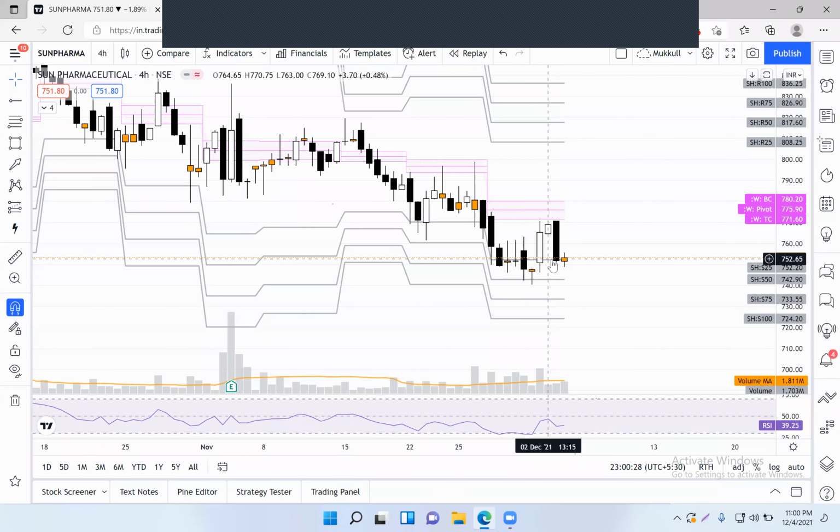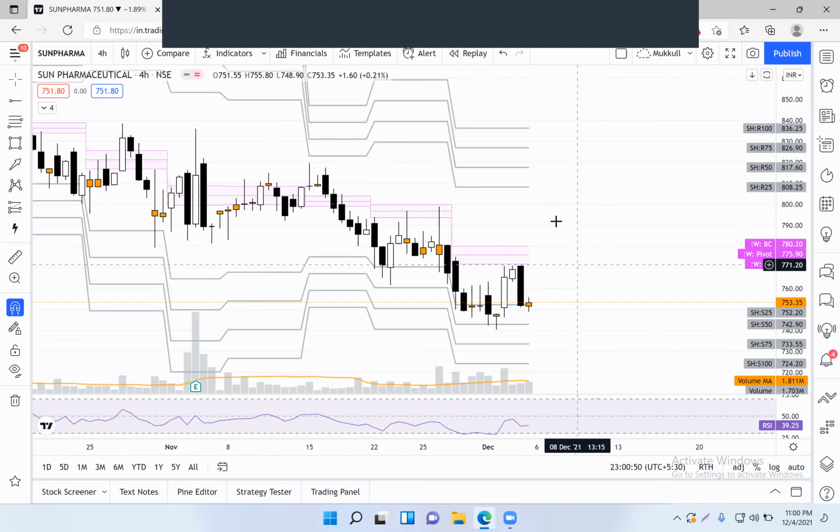So at least I could have entered here or placed a stop loss, or I would wait for a re-entry here, because it is weekly, so a re-entry comes. Okay, otherwise you can go in with your stop loss. Or the stop loss would be here 533, entry would be here 542, or even here or here, depending upon the scenario.